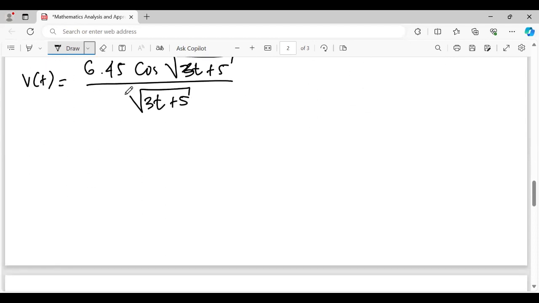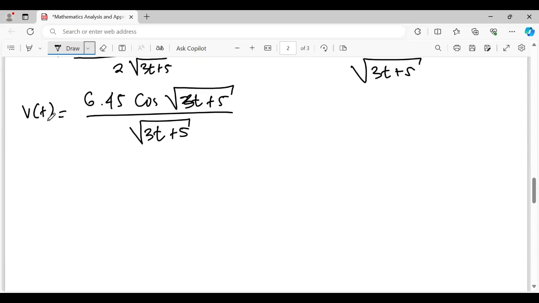If you sketch this v graph, it will be like this. Okay. This is s(t), and this is the t-axis. It will be like this.